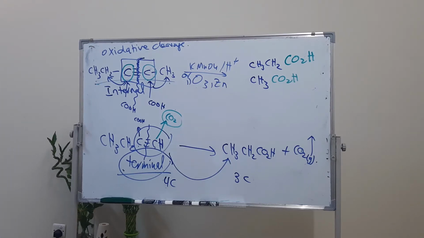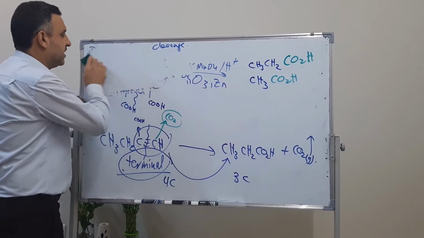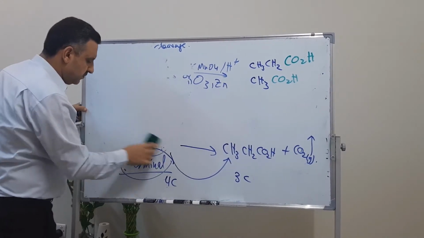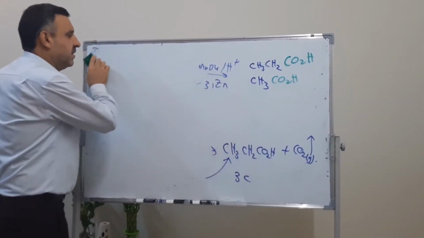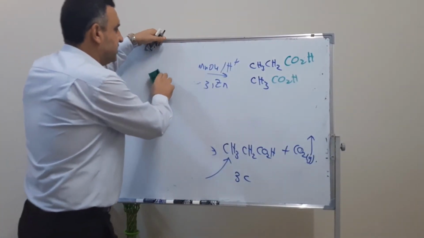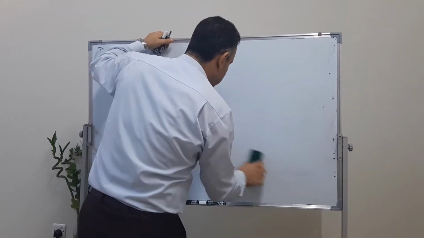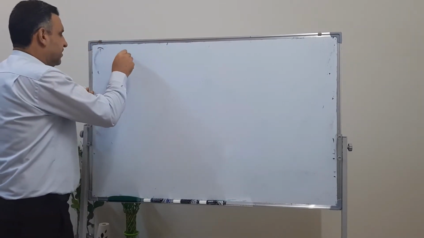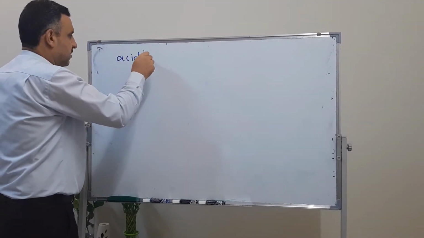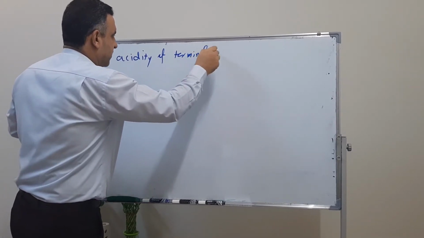All right. Let's talk about acidity of terminal alkyne. Again, the terminal alkyne, with the carbon triple bond carbon system, is simply at the end of the chain.